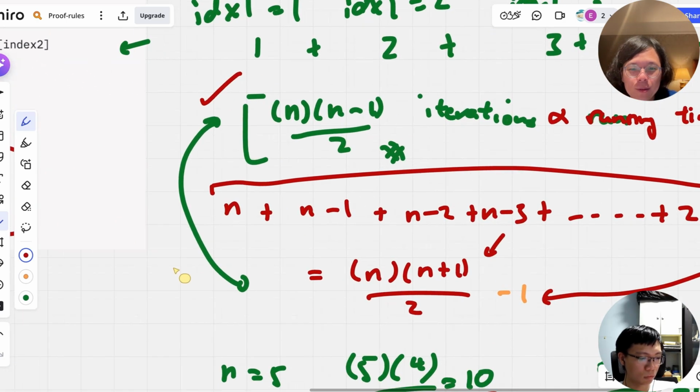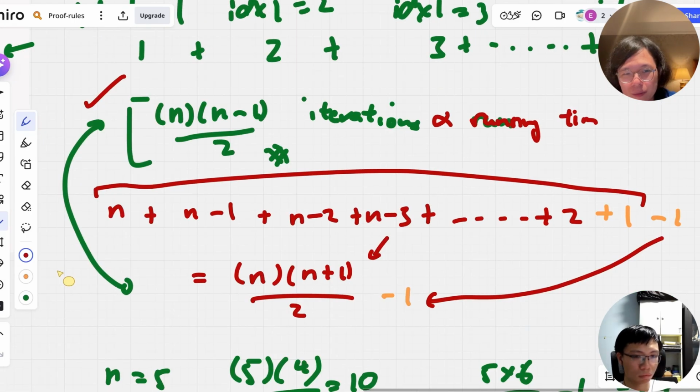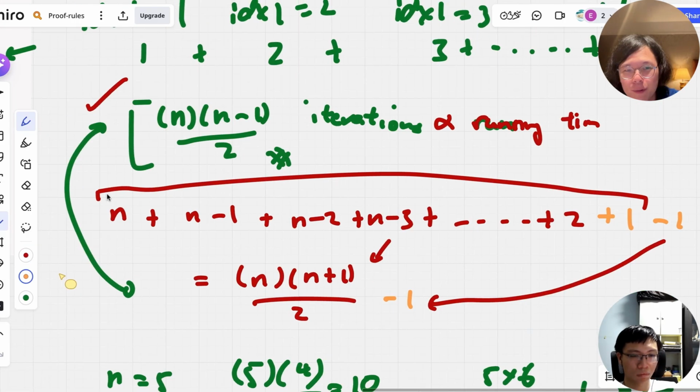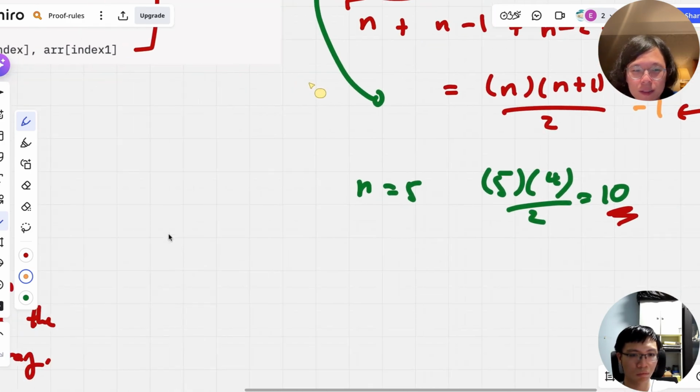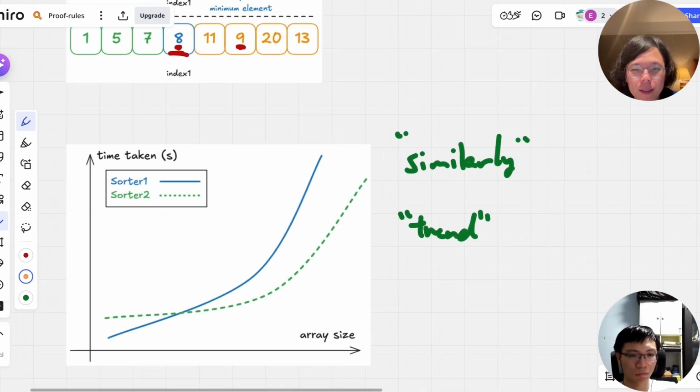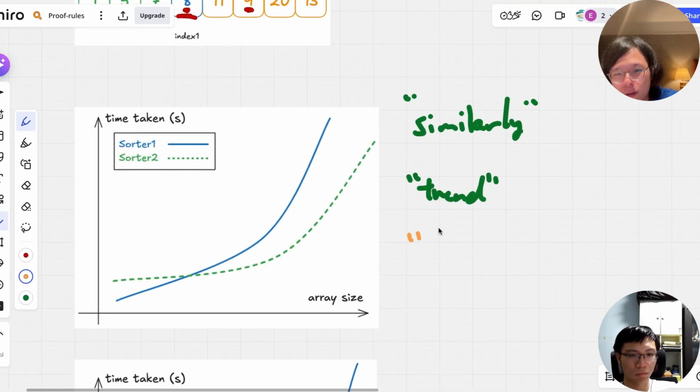So in some sense, as computer scientists, generally we don't actually care about the exact number of iterations. What we're going to do is find a way to say that, roughly speaking, these two have similar behavior. We basically want to say that these two have a quadratic trend, a quadratic behavior.